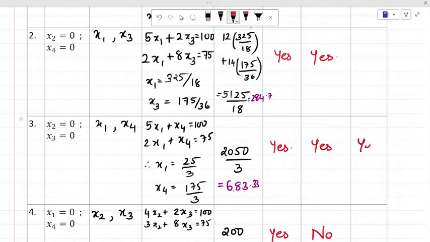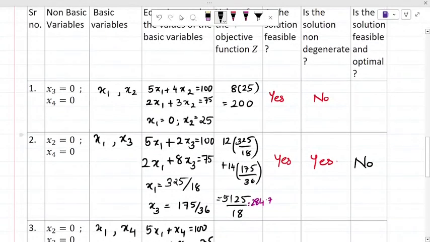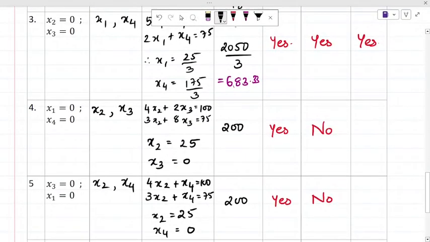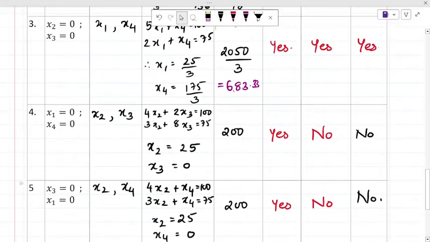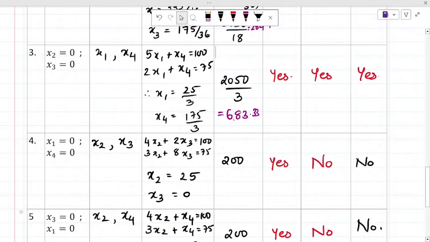So yes, this is the maximum answer, and the rest all are no. Okay, so this is how we get our optimal solution. Optimal is the one that maximizes our answer. So here all the rest are no for the candidate. So only one candidate will work for the solution.